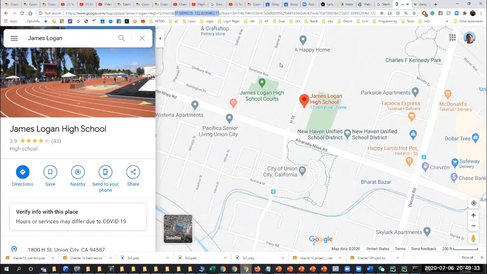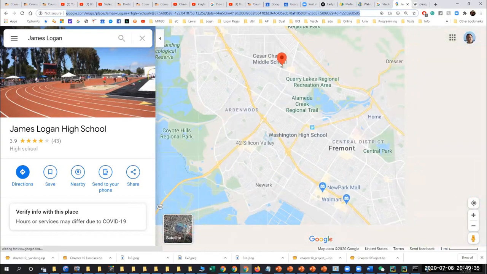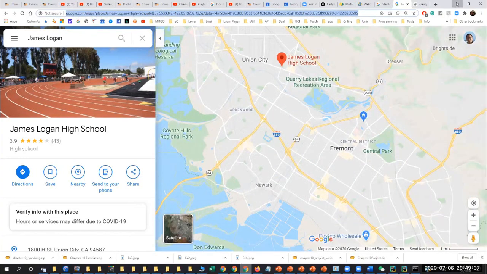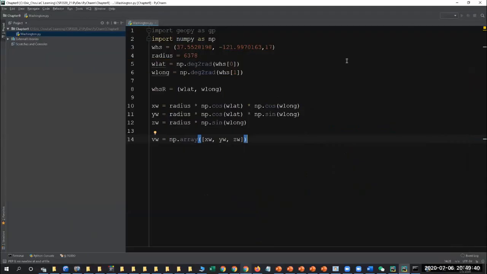Is that right? Is that Union City? Yeah, that's the Union City one. So get that one, we put it over here. So let's call it James, okay? Let's call it JM, shorter.